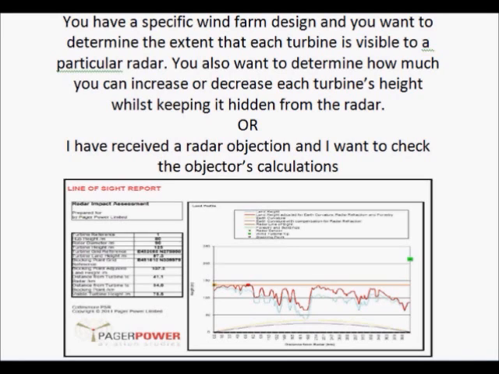You will require a radar line of sight chart. These are priced at £99 for the first turbine and then £19 for each subsequent turbine. The radar line of sight charts show you how much of each individual turbine is visible to the radar, or indeed the extent to which each turbine is hidden from the radar.